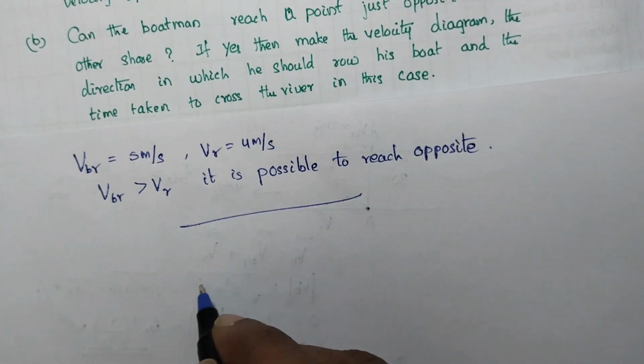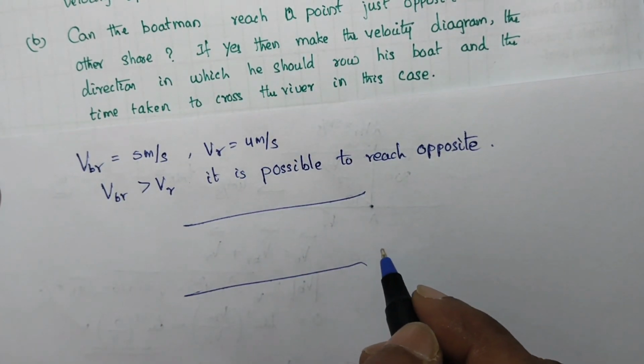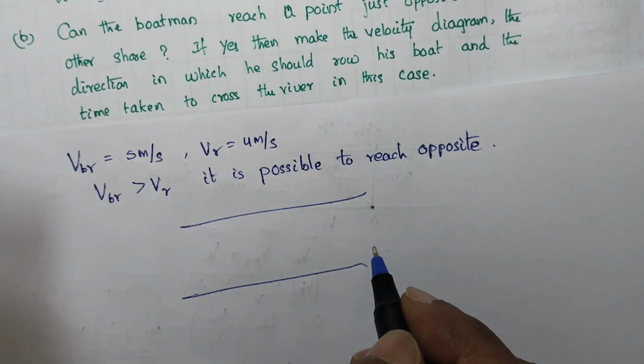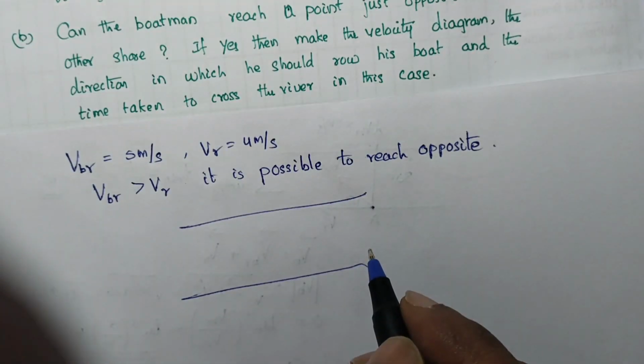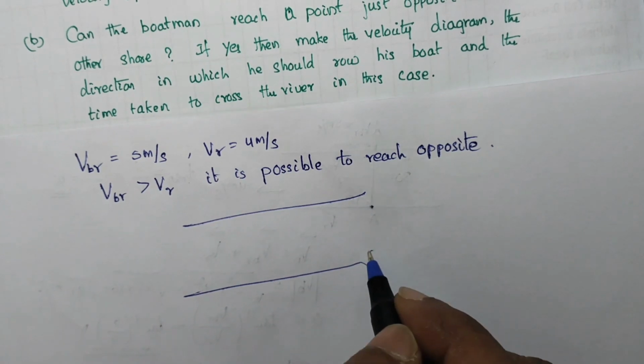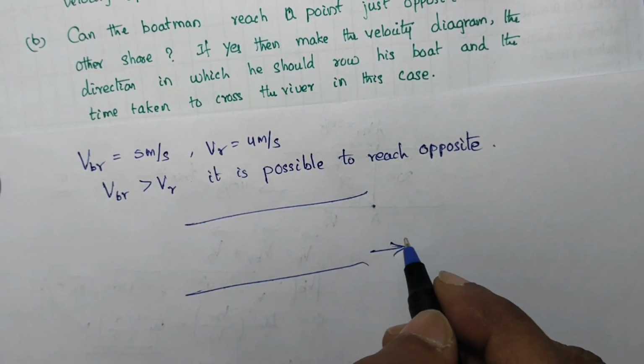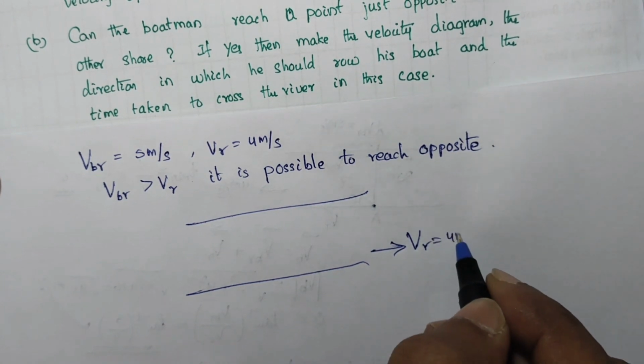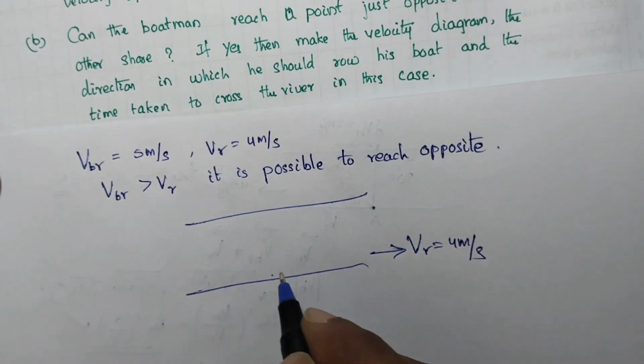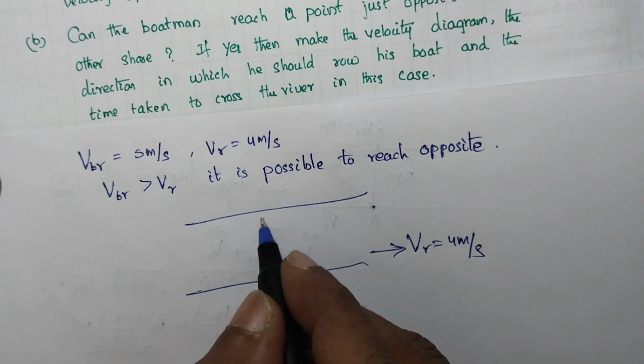So see, this is the river, the river direction, VR is equal to 4 meters per second. It will start from here.